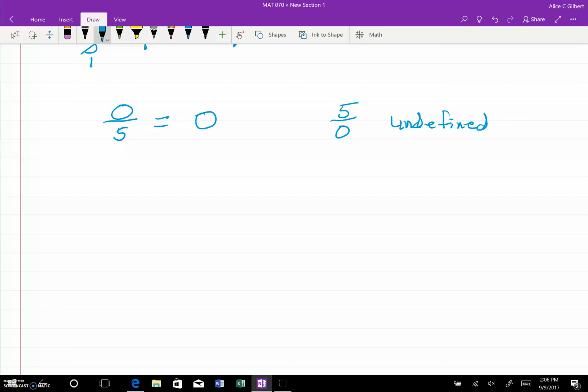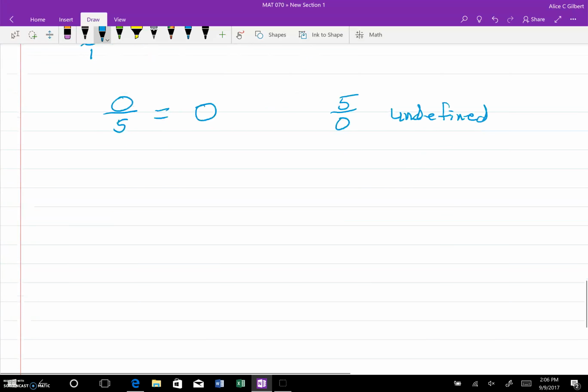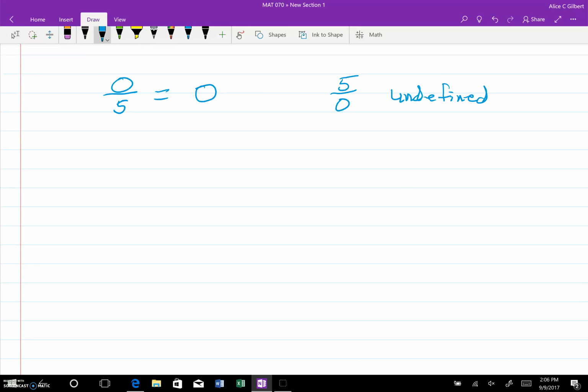Let's think of this. If I'm checking this, I would take my answer and multiply it by my denominator, because multiplication is the opposite of division. So 0 times 5 equals 0. Is that what we got in our numerator? Sure is. So anything where 0 is on the top, the answer is 0.